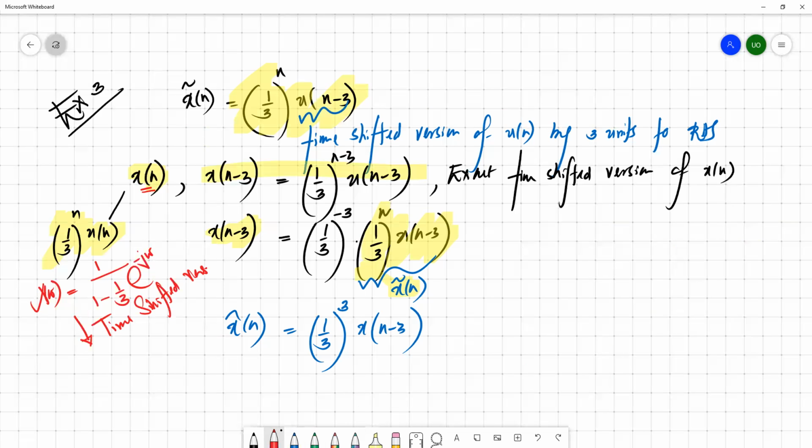Here the shift is 3, so you have a factor of e to the power minus j3 omega times X(omega) as the Fourier transform of x[n-3].